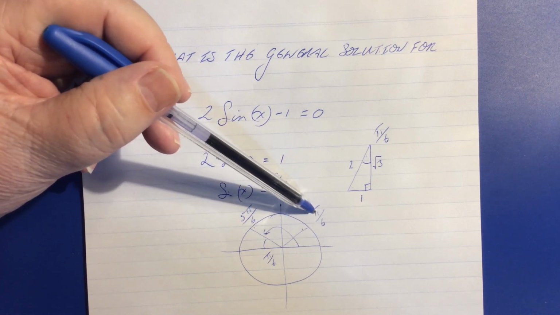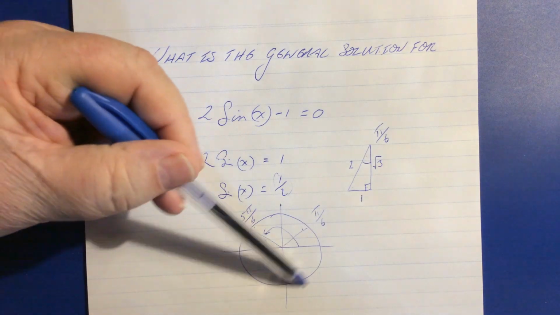Now, if we add 2 pi to pi on 6, we get back round to here.